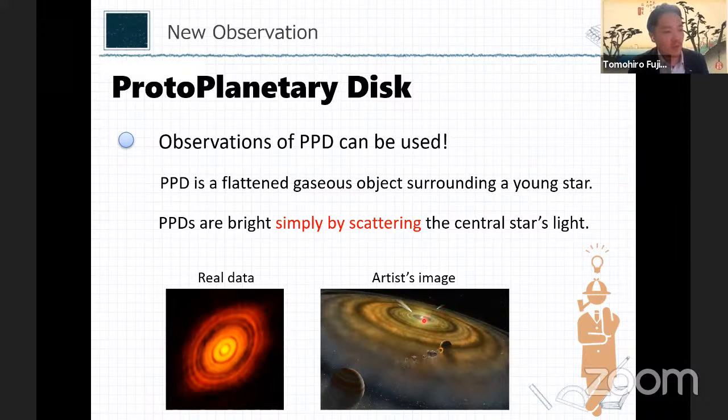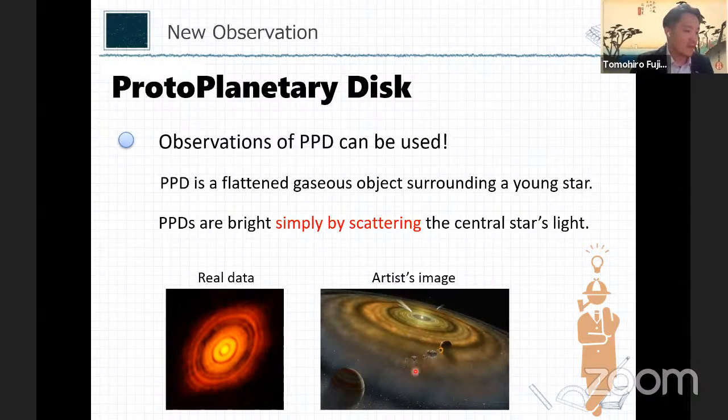Imagine when the sun was born, the planets were not yet formed. Before having planets, we had this kind of dust disk around the young sun, and that is true for other exoplanets.